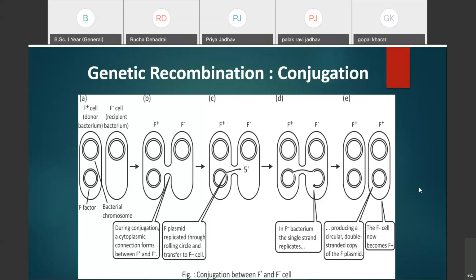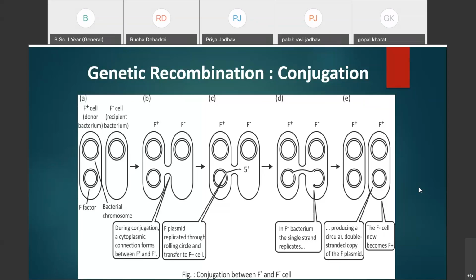Of these three methods, in conjugation the two bacterial cells come in close contact with each other.